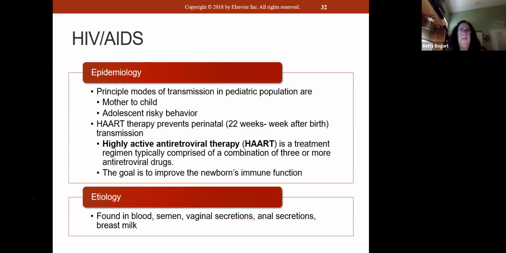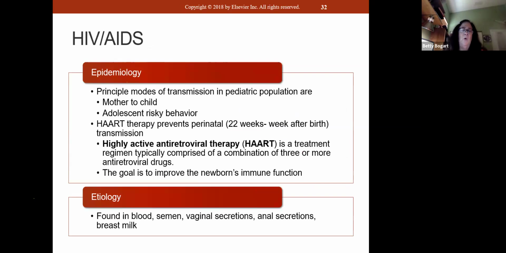Now, some of the immune things, HIV and AIDS. So with HIV and AIDS, because we're in pediatrics, usually we're talking about the mother transferring it to the newborn baby, right?